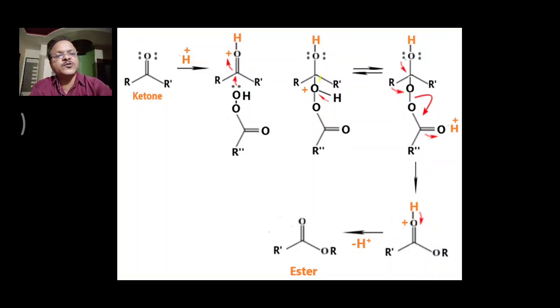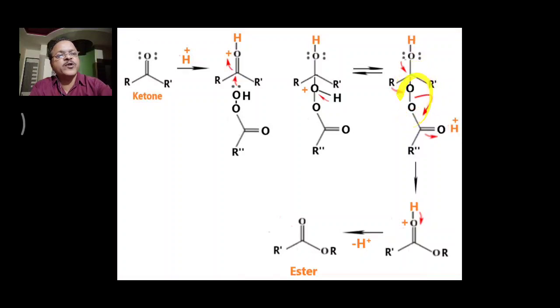Now there is formation of this oxygen-carbon bond and the positive charge will be on this oxygen. Now there is elimination of this hydrogen in the form of H plus ion. So the positive charge on this oxygen gets neutralized and we get this compound.